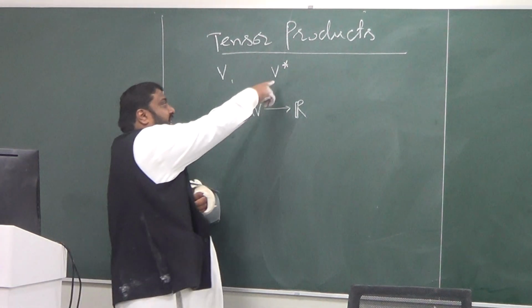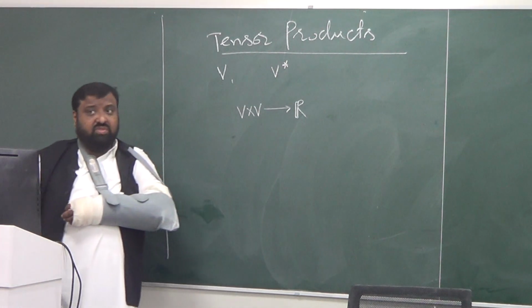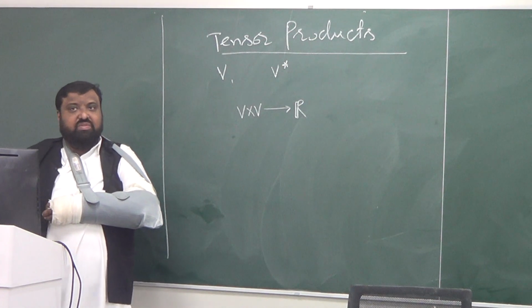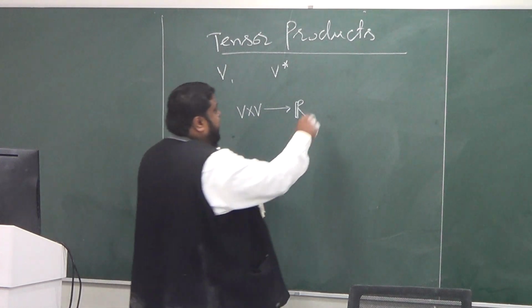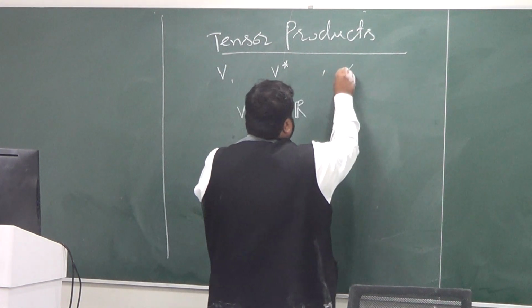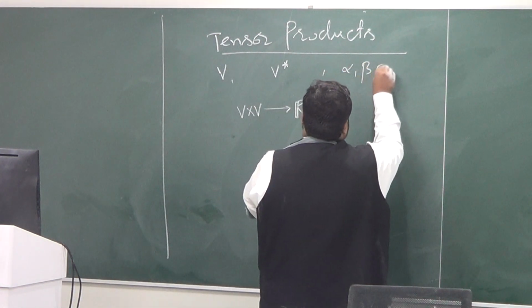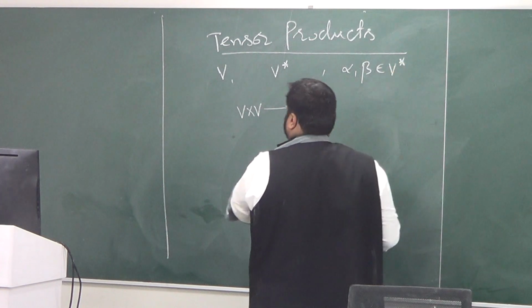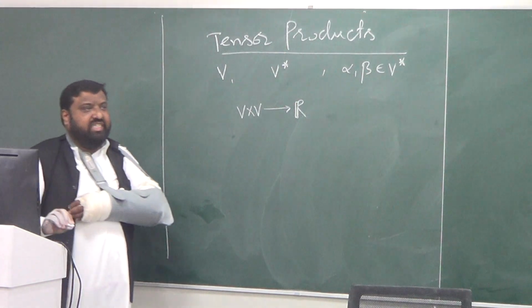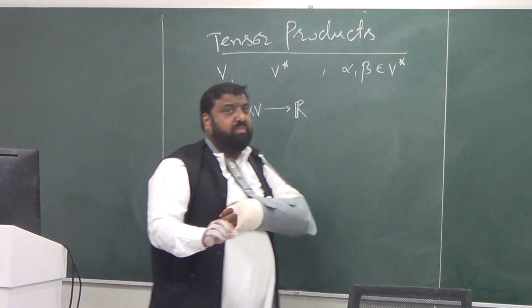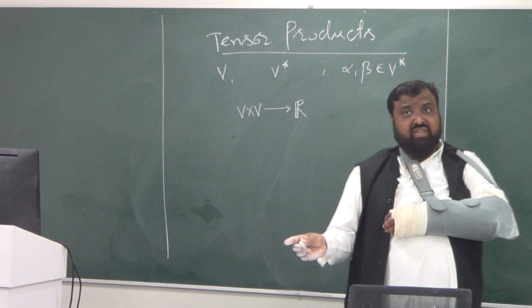I know that there are linear maps from V to R, so maybe we can get some help from there. So let's take some covectors; in other words, take some alpha and beta from V star. Question: can we create a linear map using these two covectors?